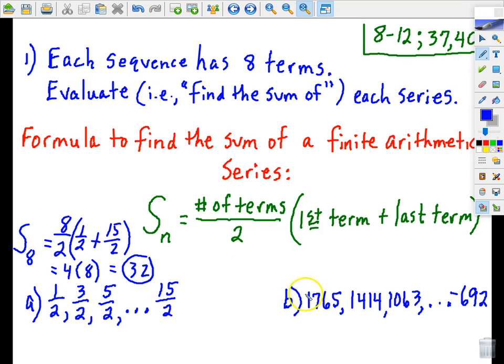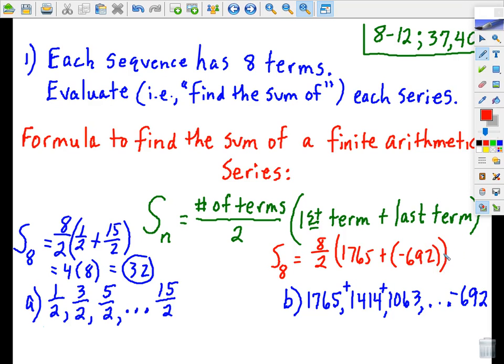Let's take a look at letter B. Another sequence of 8 terms. If this were a series, which means we would be adding all these up, what would the sum be? Once again, the sum of 8 terms, 8 divided by 2. In the parentheses, we're going to do 1765, that's the first term, plus the last term, which is negative 692.